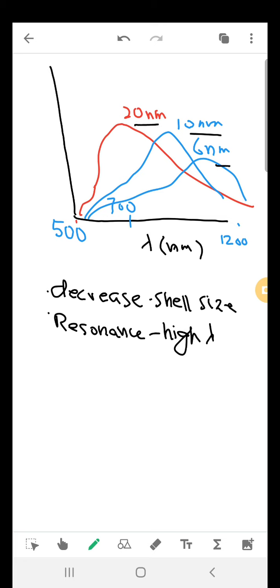Initially we can have a solid nanosphere. This is not a core shell. So this is a solid nanosphere resonance.